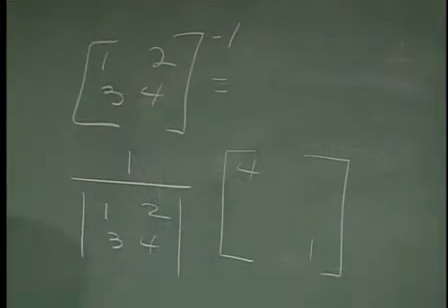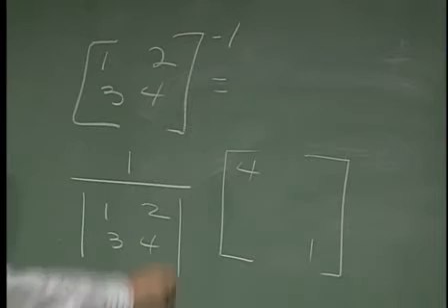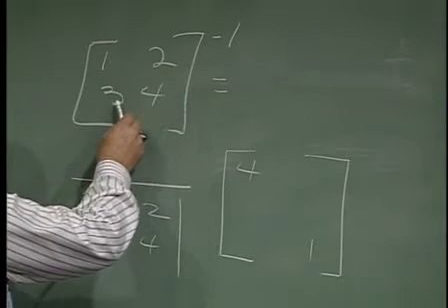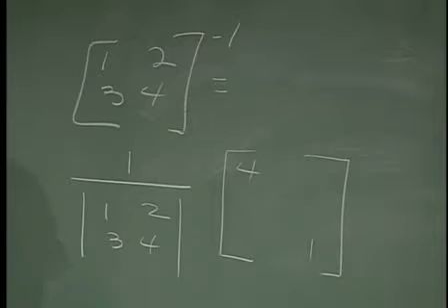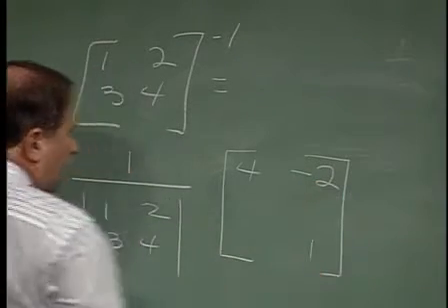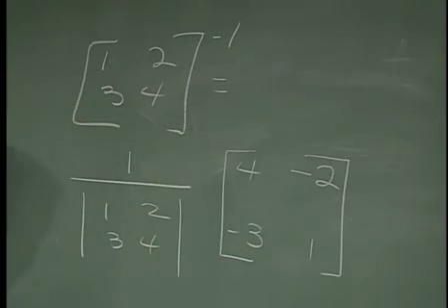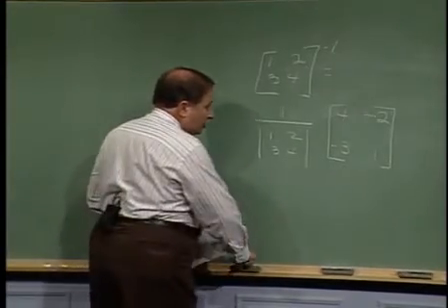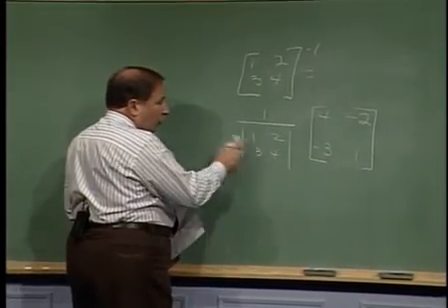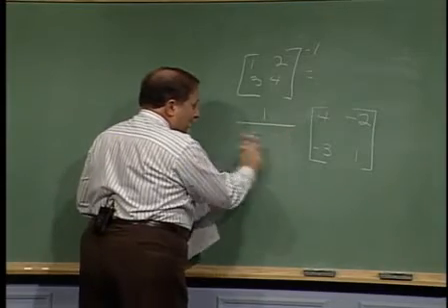And then we take the terms in the first row, second column, and second row, first column, and change the signs. So the 2 becomes a -2, the 3 becomes a -3. Okay? We know that this determinant is -2. We did that earlier, right, when we got 4 minus 6. So let's replace the determinant with its value, which is -2.